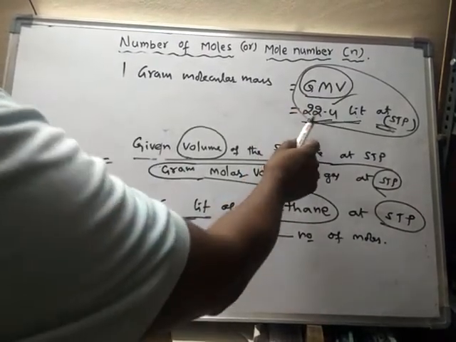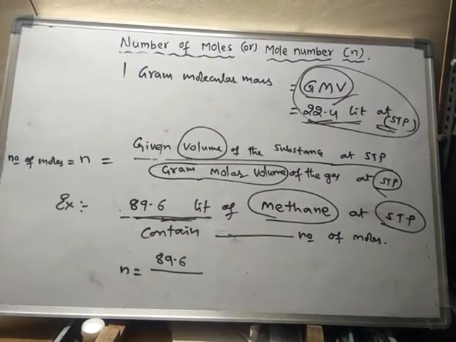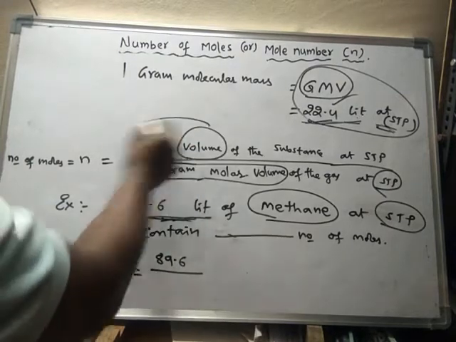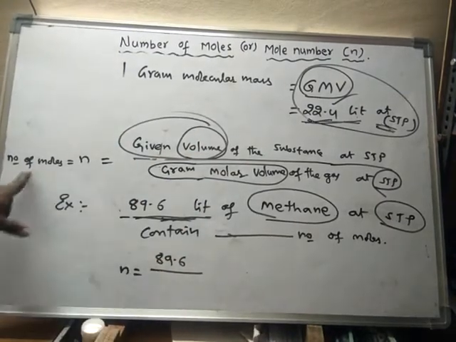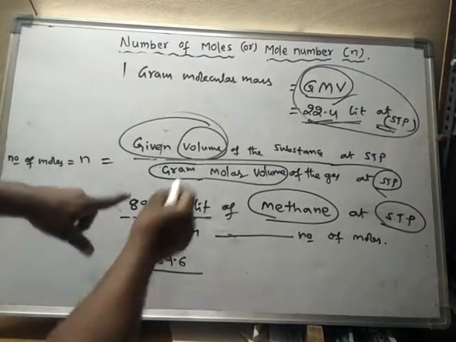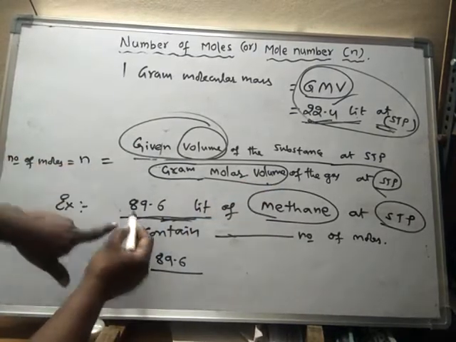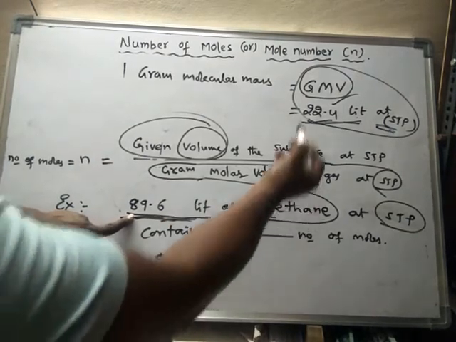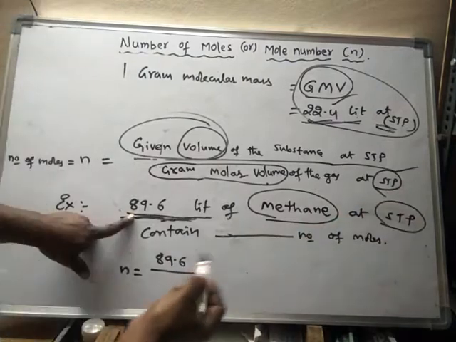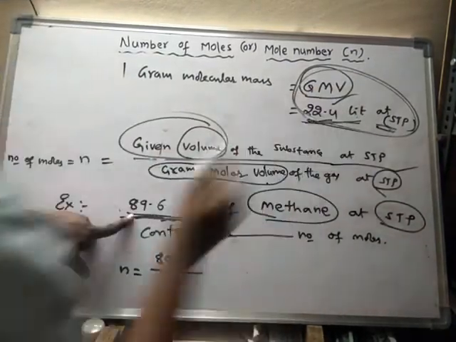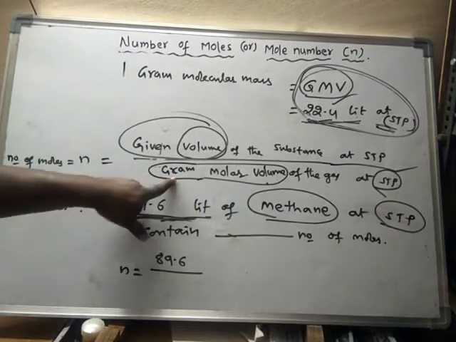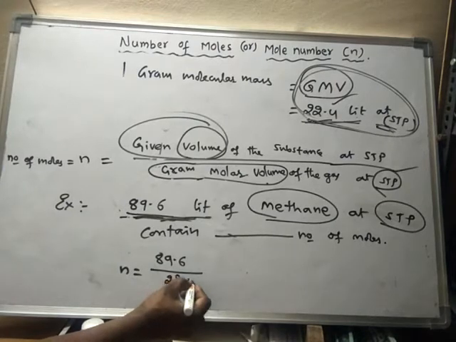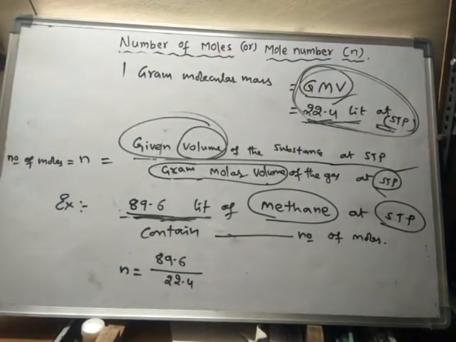Number of moles is equal to given volume by gram molar volume. The given volume is in the problem, and when STP is mentioned, the gram molar volume of the gas will be 22.4 liters.